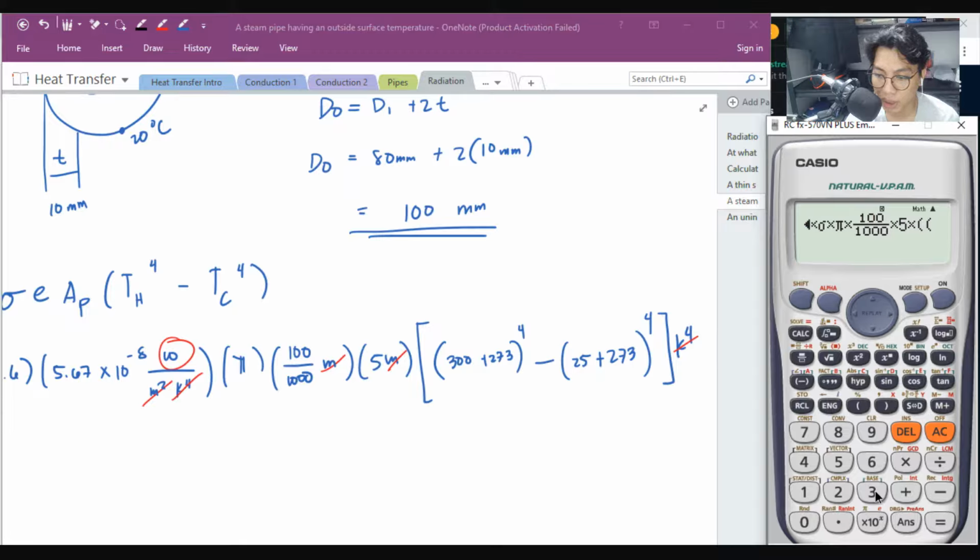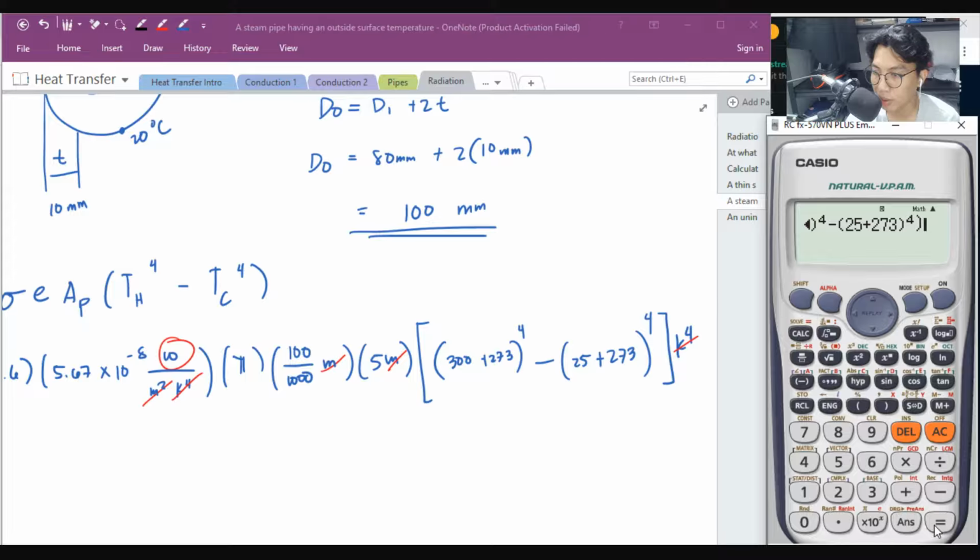So, that is 300 plus 273 raised to the fourth. Dire-diretso sa isang calculator lang. So, 25 plus 273 raised to the fourth. Hindi dapat naka-ano siya. Naka-bracket muna. Okay? To the fourth.